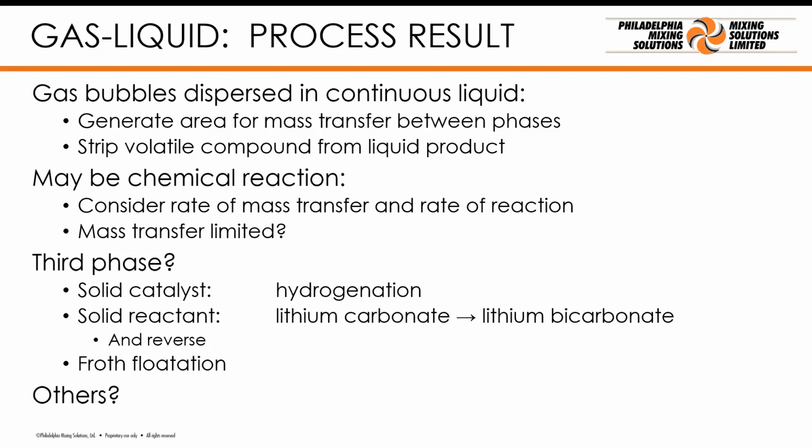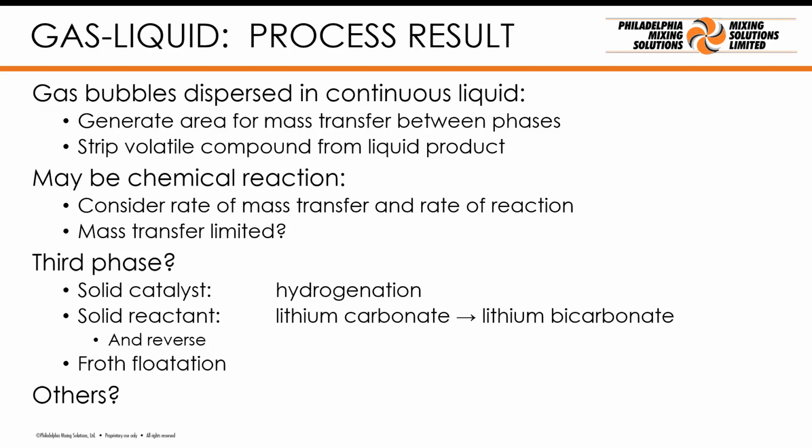Okay. So we've talked about solids dispersed. Now we're talking about gas bubbles dispersed. Again, we're generating area for mass transfer between the phases. An example might be to strip a volatile compound from a liquid product. If we're doing an aerobic fermentation, we're stripping out carbon dioxide. There may be a chemical reaction. And again, we need to determine, are we mass transfer limited? What can we do to increase the mass transfer rate if we are mass transfer limited? And is there a third phase?